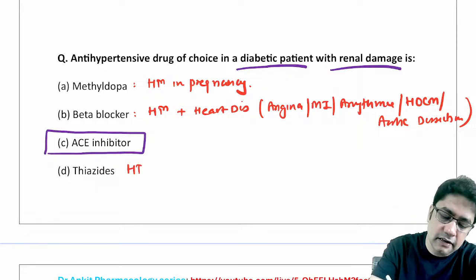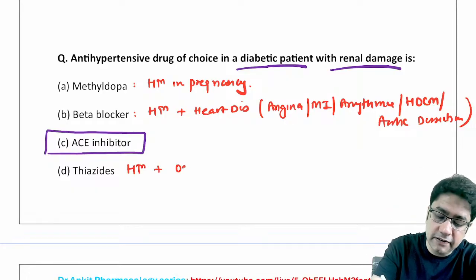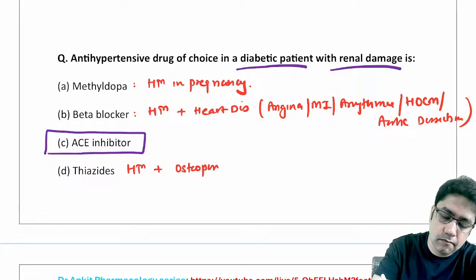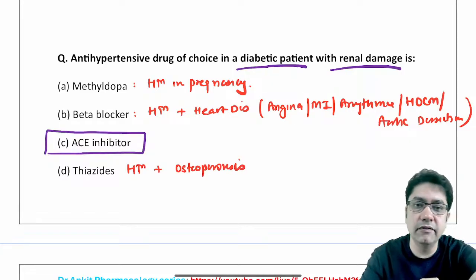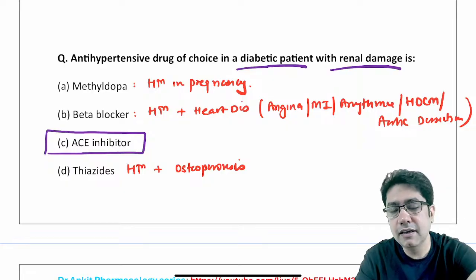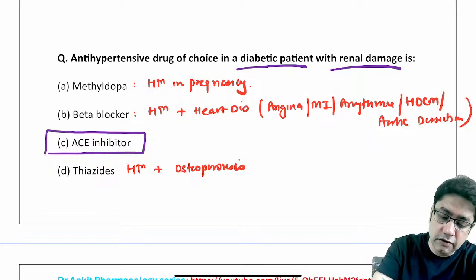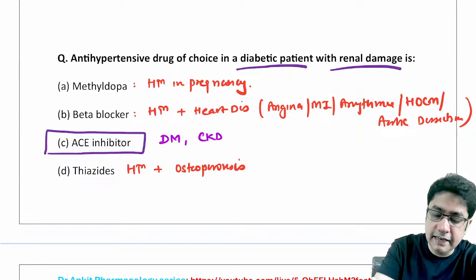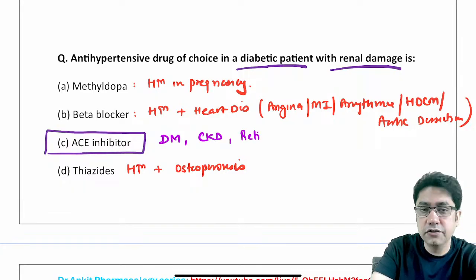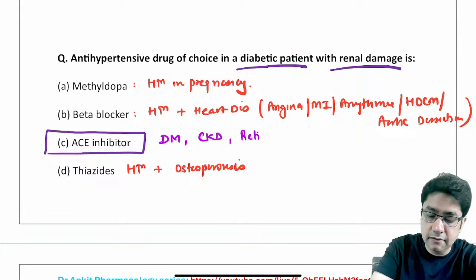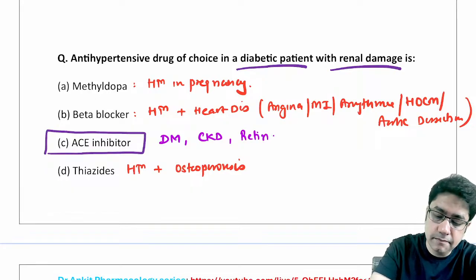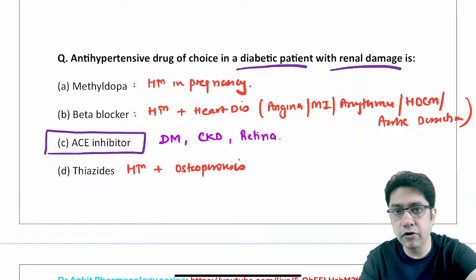Thiazides are given in hypertension if the patient is having osteoporosis. Then we prefer to give thiazide because thiazides preserve calcium. ACE inhibitors are the drug of choice for hypertension with diabetes mellitus, CKD. It is also the drug of choice for retinal problems, diabetic retinopathy.